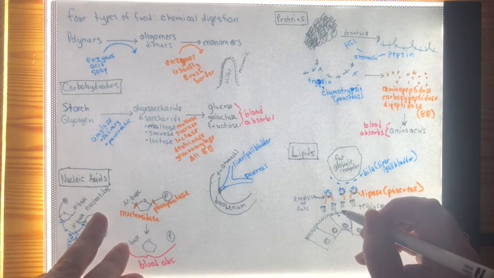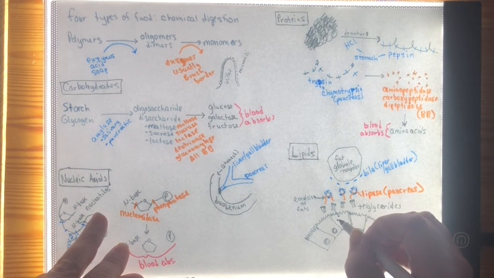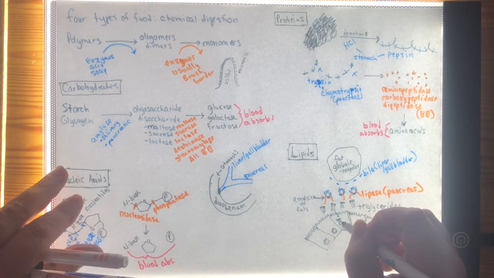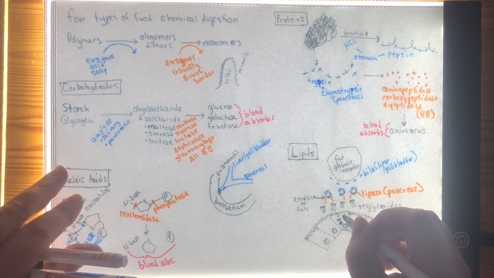So anyway, these triglycerides then are going to be reformulated again. Triglycerides are mostly nonpolar, so they are able to go straight through the walls of these villus cells here. We are drawing the outside of the villus.